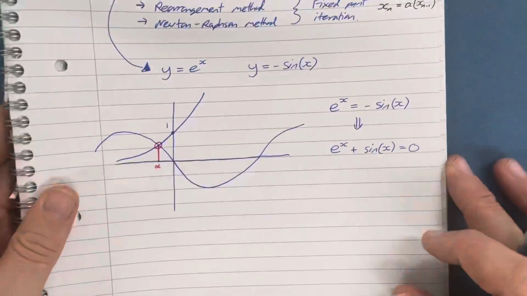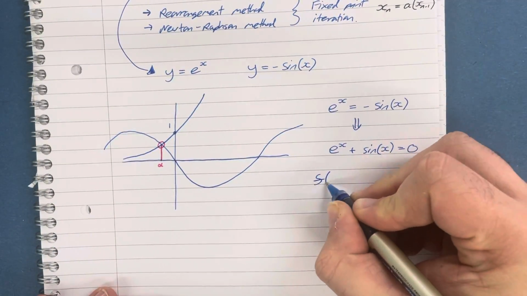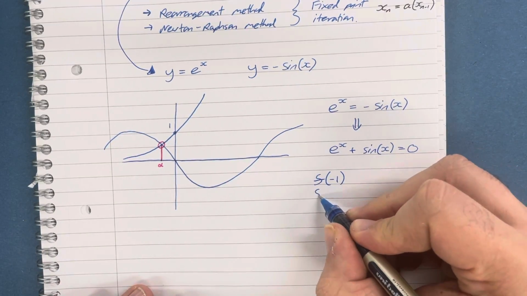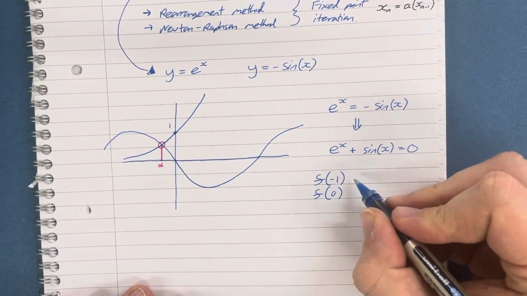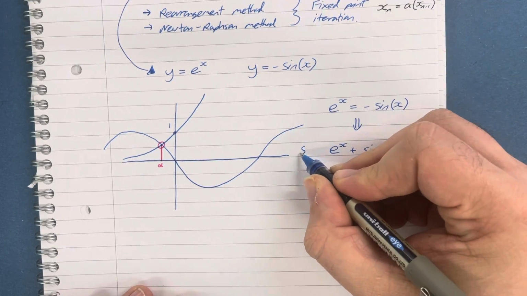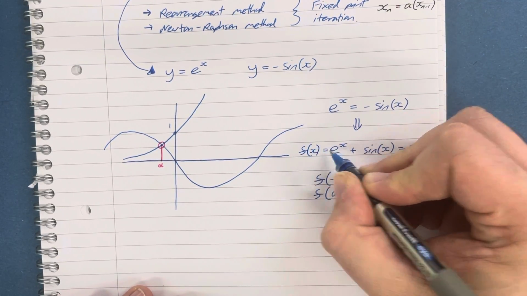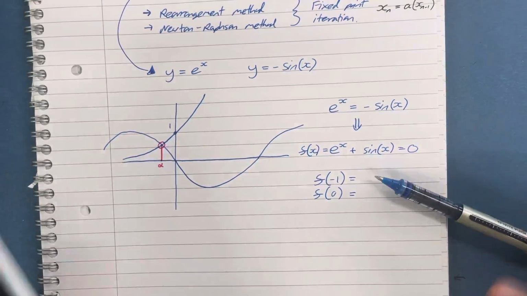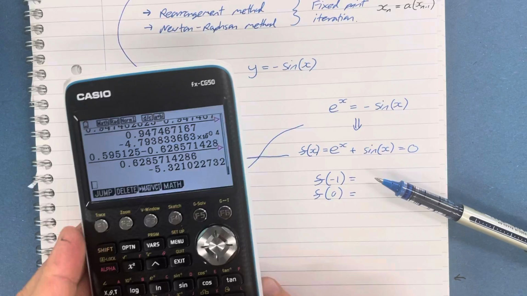Now this equation we can see has a root that's slightly less than 0. And in fact, if I plug in f of minus 1 and f of 0, where f is the function equals 0 is what I'm trying to solve, then I'm looking for a sign change.